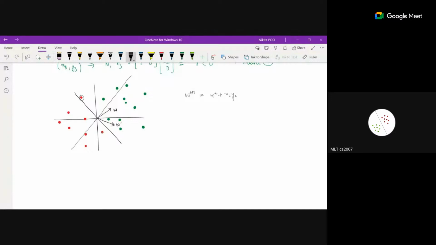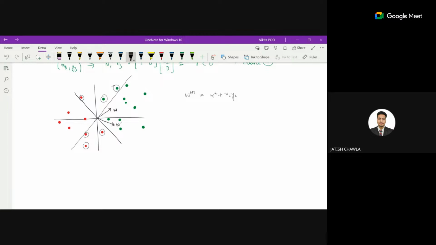Now in this case, this point, this point, this point, this point, and this point, all 5 data points are not correctly classified. Even so, if the data set is linearly separable with some proper margin, your algorithm will converge, right? But you may have to go through more iterations. It will depend on what W we fixed.